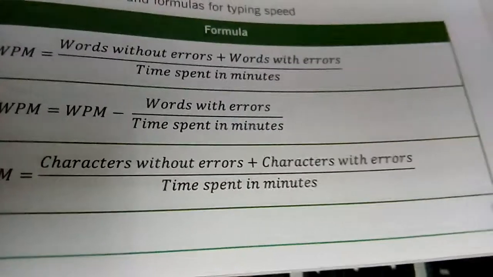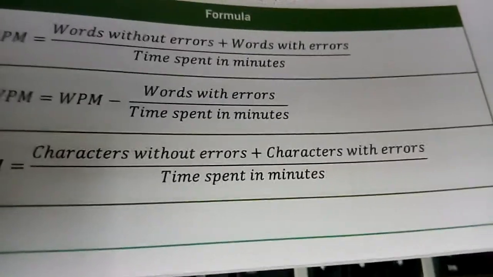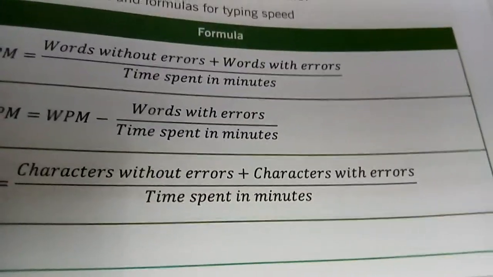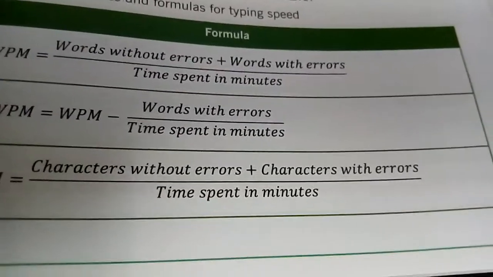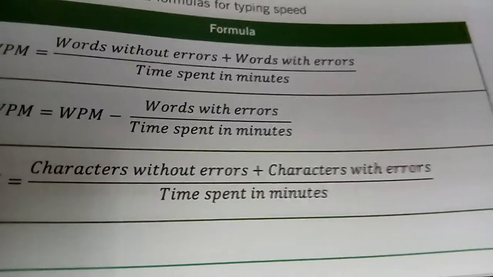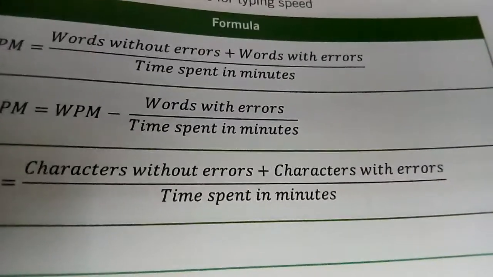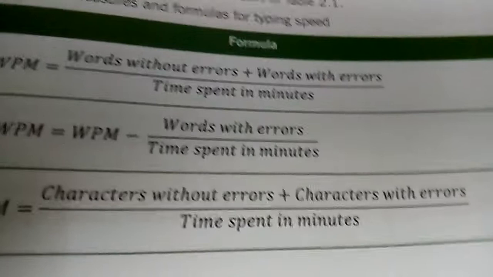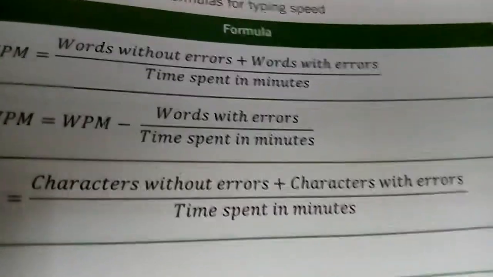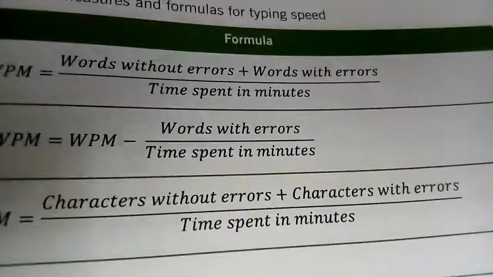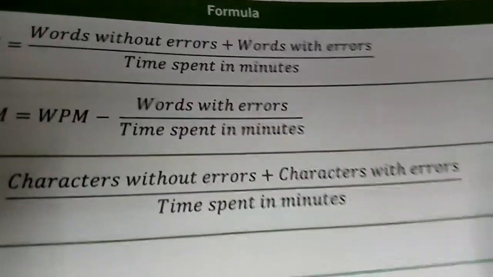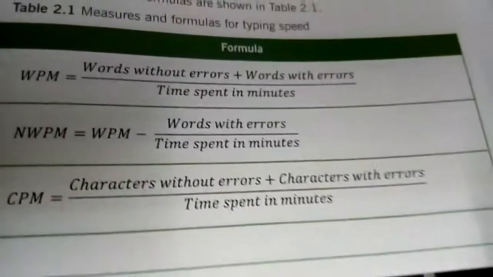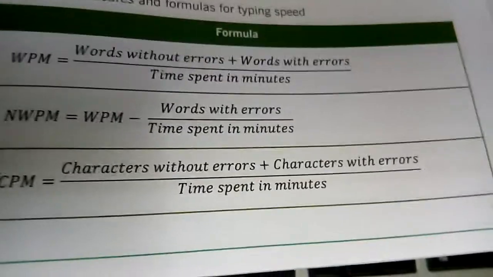Similarly instead of G, suppose you have typed H. So in this way, you have typed 5 characters wrong. So this 15 plus 5, 20 it will be, and divided by time spent in minutes. Suppose within 5 minutes you have done this. So 20 divided by 5, that means 4. So your characters per minute speed will be 4.